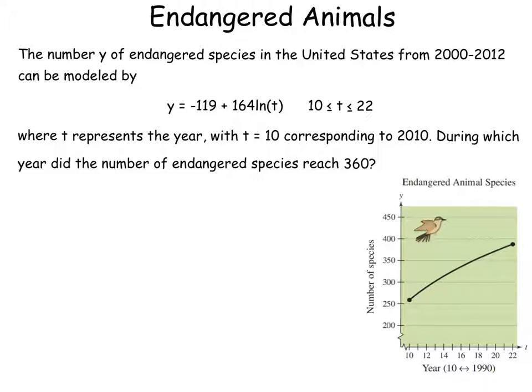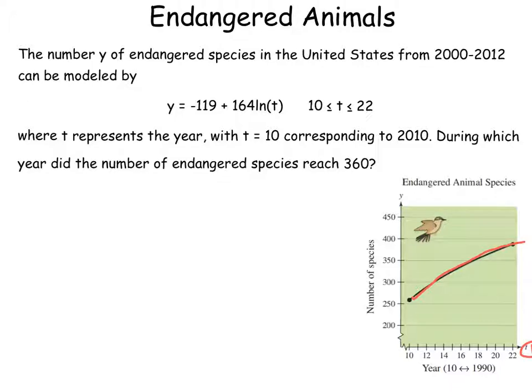You can notice here that it looks like this list is growing quickly at first, and it's starting to slow down as time increases. That's very often a situation where an expression with a logarithm is going to fit the data best and give you the most accurate model.